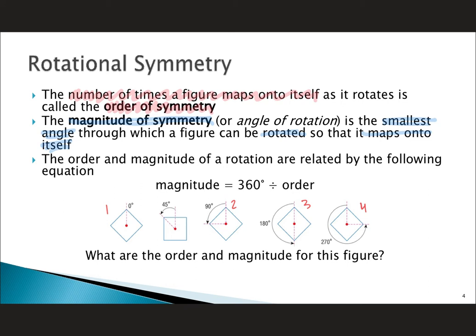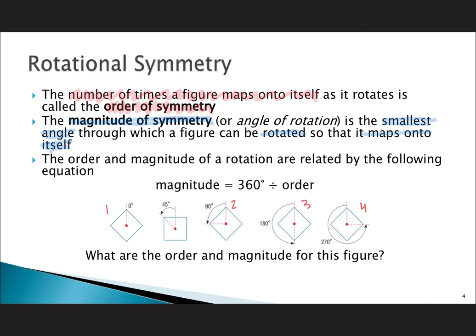Now, the relationship between order and magnitude is given by the following equation. If you didn't know the exact magnitude of a figure, you can use this equation. You have 360, the full circle, divided by the order of symmetry.